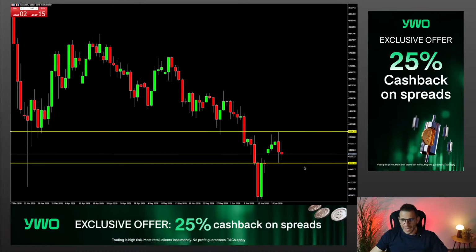Now I like that yesterday we got a bearish engulfing covering the body of the previous candle as well. And I like that because this has strong bearish implications. So now we have a little bit of a bounce on the lower time frames, as I will show you, but generally I think we're gonna get some nice pullbacks during the New York session, and maybe we can short it.